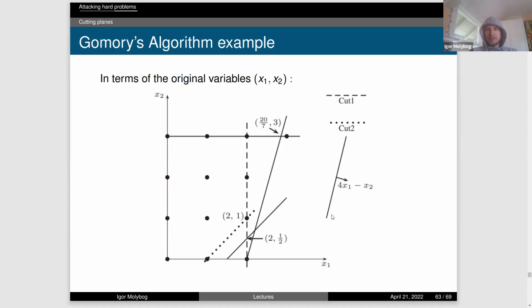It represents the objective function x1 minus x2. You are trying to push this front as far as possible to maximize the eventual objective value. Are there any questions regarding Gomory's algorithm and how exactly we can mechanically implement it?